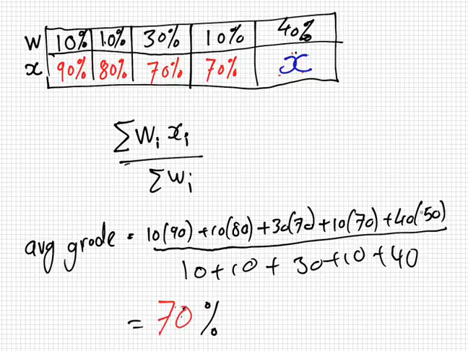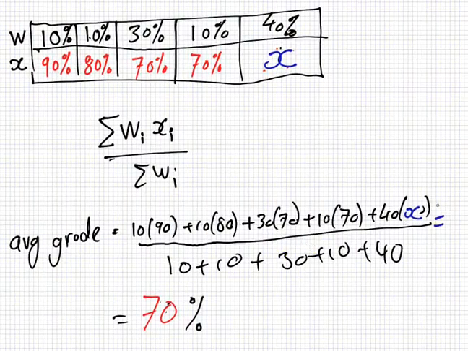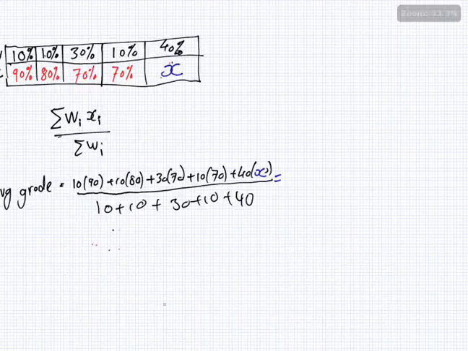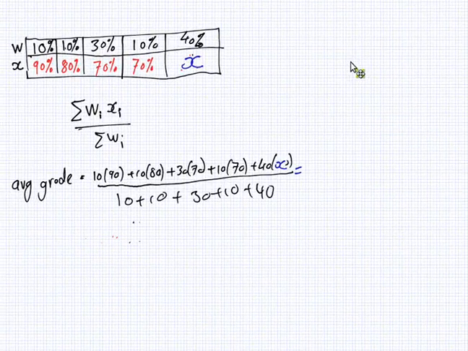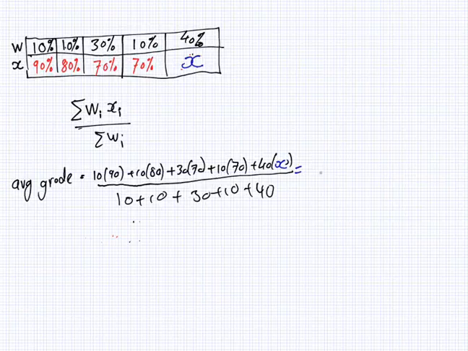And which number here is the x? It's not 50 now, it's x. So you want this to equal 70. So solve for x. Give me the x now.